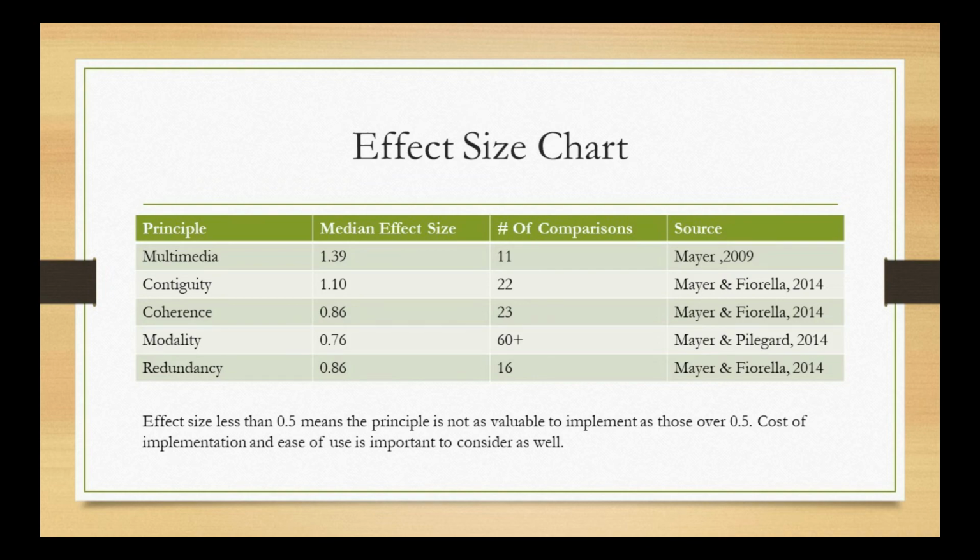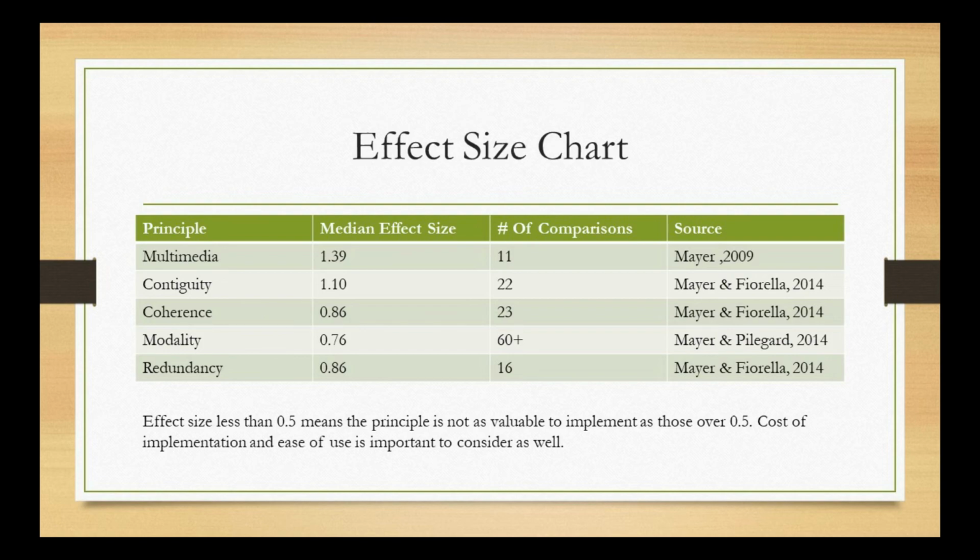If you look at the bottom here on the slide, it says the effect size less than 0.5 means the principle is not as valuable to implement as those over 0.5. And then cost of implementation and ease of use is important to consider as well. But as you get lower in the numbers, like to the 0.76 with modality, that's where you have to weigh certain things like the cost of implementing a certain principle.